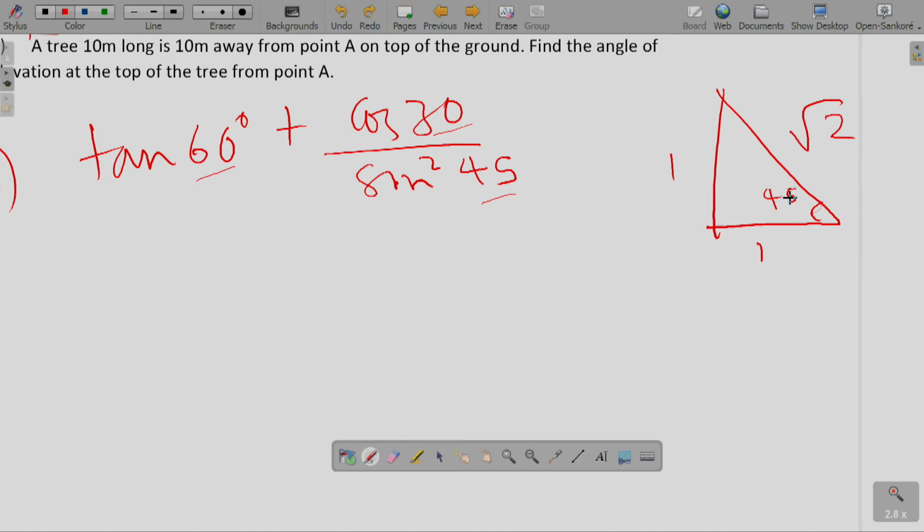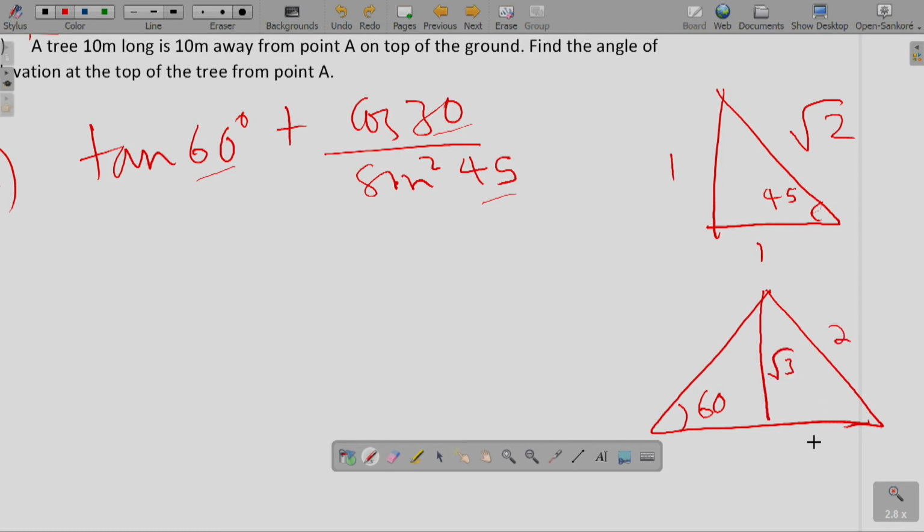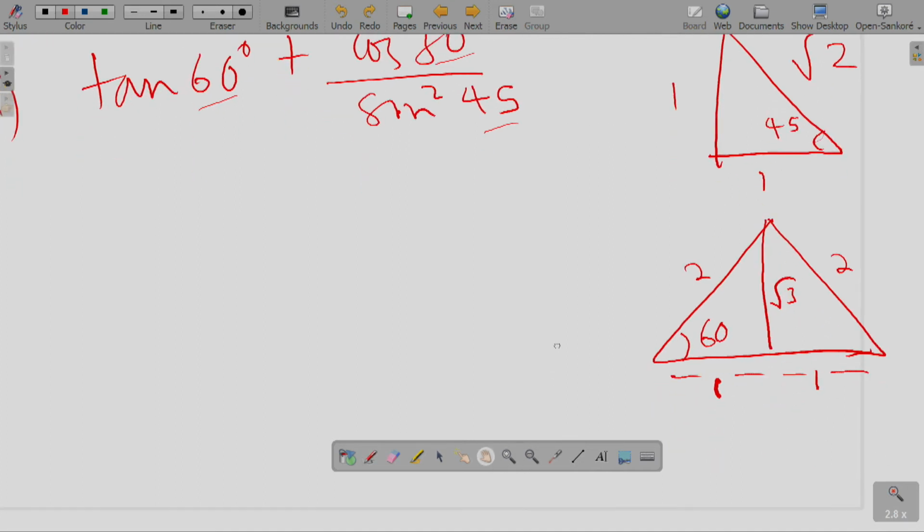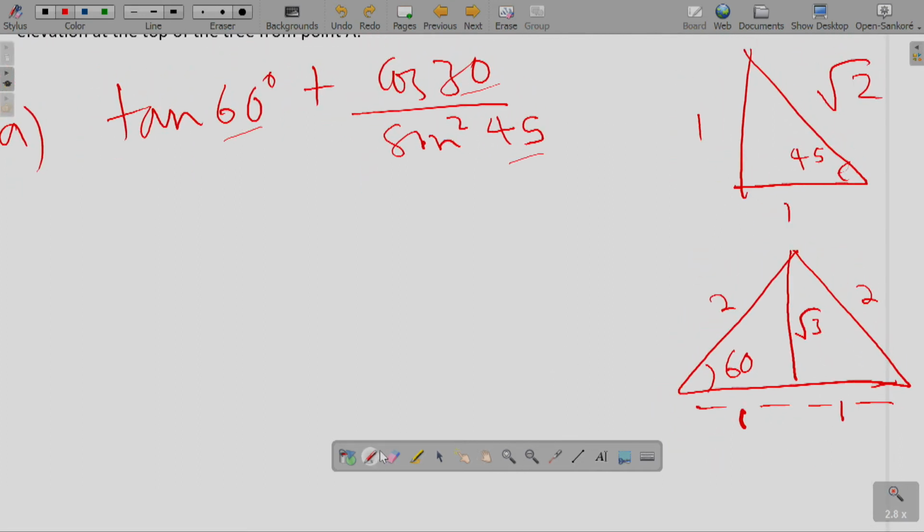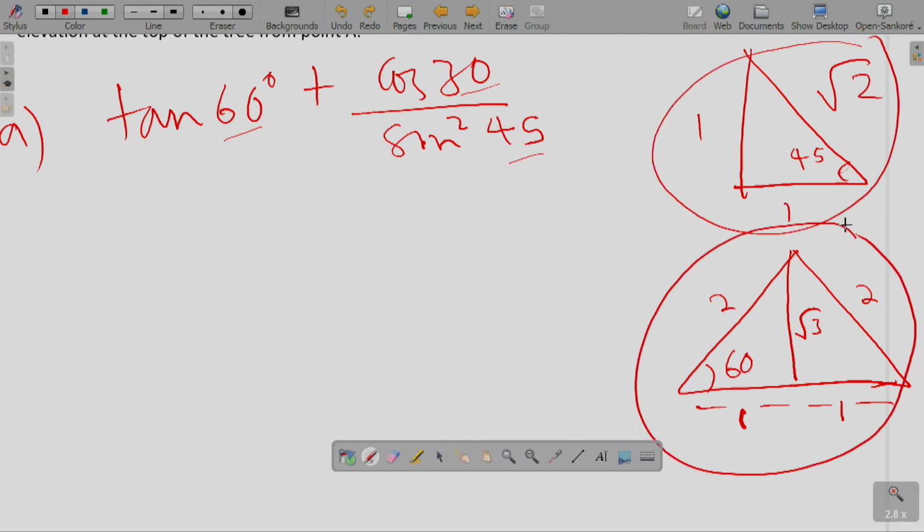Here angle 45, and also another triangle here 60 degrees. Here we have square root of 3, here we have 2, and here we have 2. Here we have 1, and here we have 2. So now we can use these two triangles to simplify our equation.